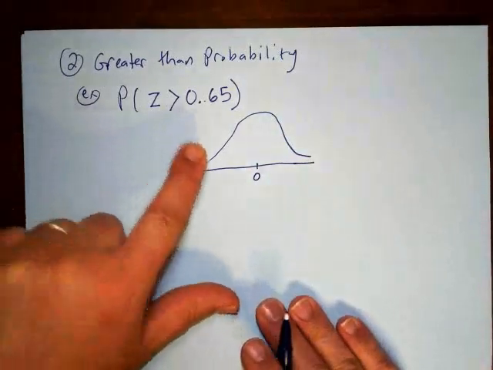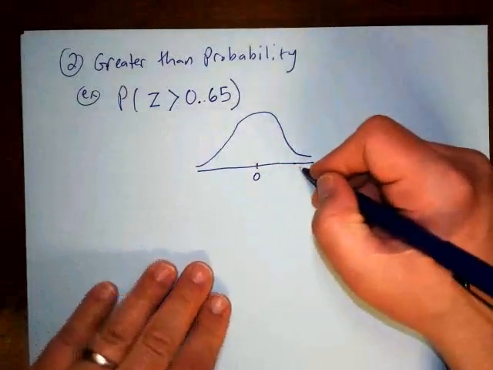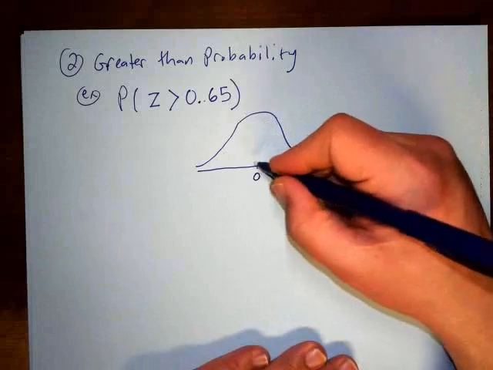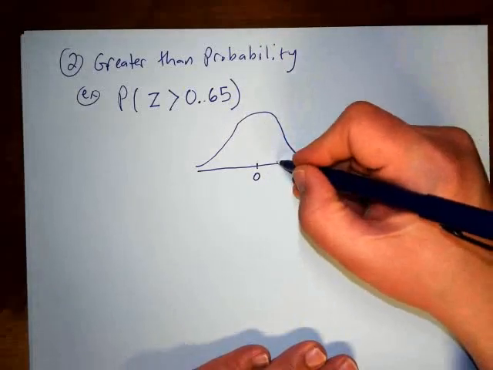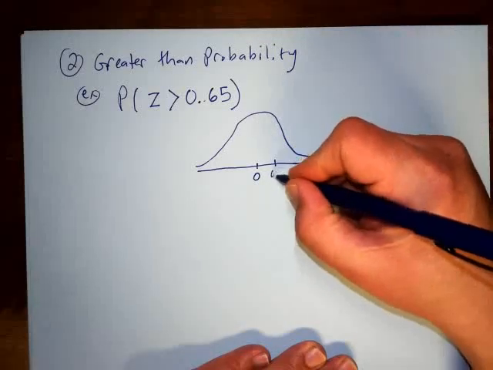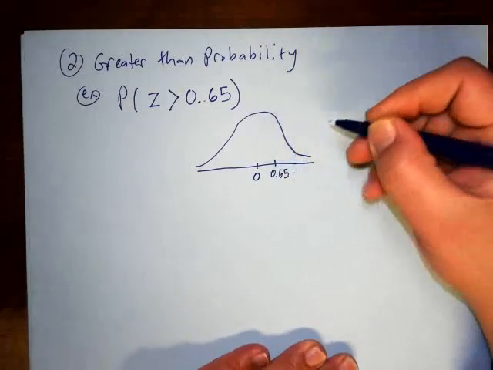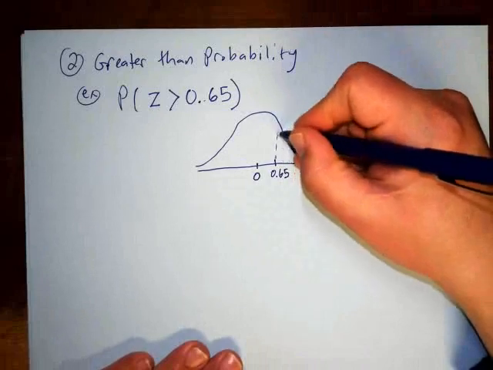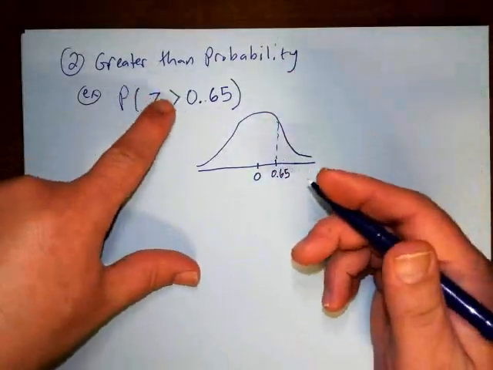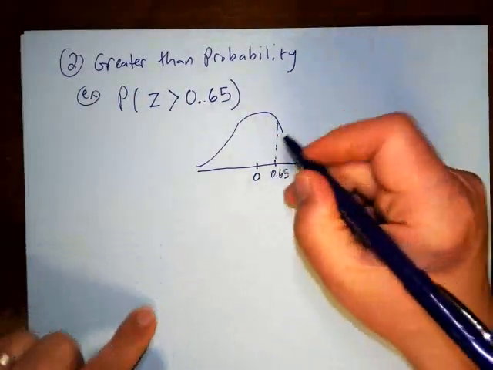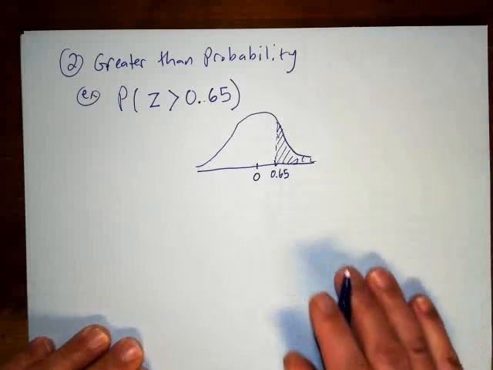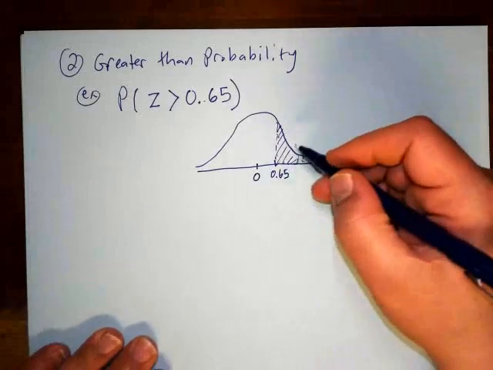This is still a positive z-score, so it's on this side of 0, but it's a little closer to 0 now because it's not as far out in the end. It's maybe about there. It doesn't have to be perfect. And notice I want the area above that. A greater than sign is like an arrow pointing this direction, so I'm going to shade that side. So I'm wanting this area here.